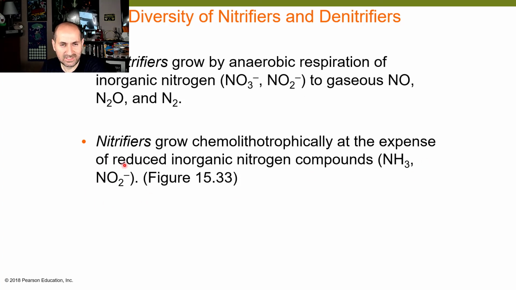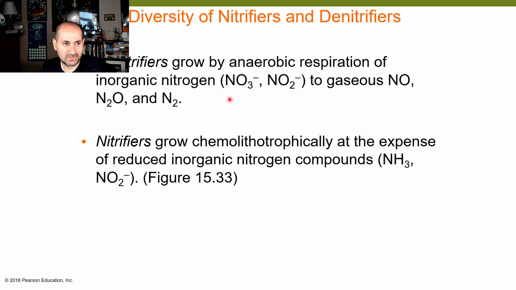They oxidize ammonia to nitrate, and they oxidize nitrate to nitrite. So what they do is they're nitrifiers because they produce nitrate and nitrite for the soil, whereas denitrifiers use up nitrate and nitrite and release it from the soil.